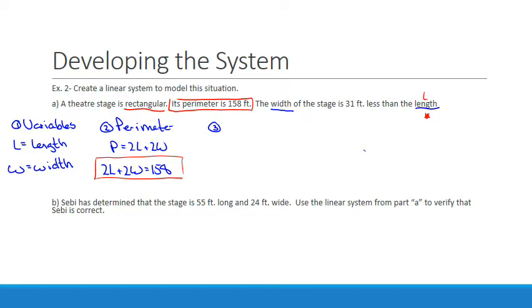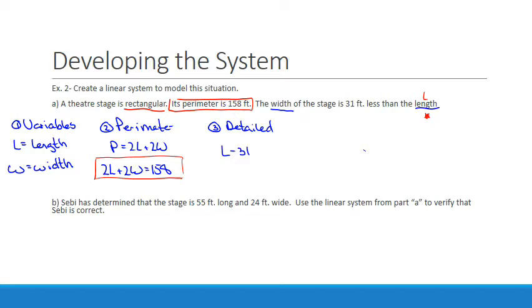My third step, which is more of a detailed kind of equation. So we have L, and sometimes you have to kind of scribble it out, and then you can kind of rearrange your equation to make it look nice after. But we have L, and it's saying that something is 31 feet less than that, so that'd be L minus 31.